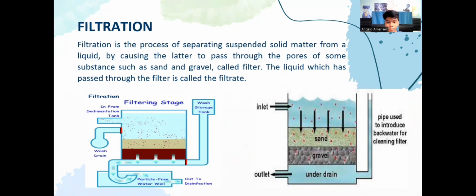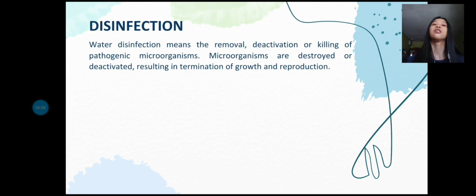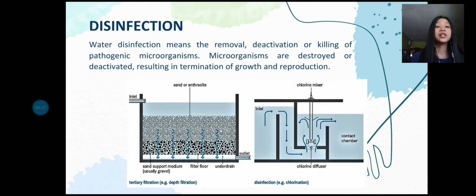Thank you. I am Sofia K. Jimenez, the last reporter, and now I will tackle disinfection. What is disinfection? Water disinfection means the removal, deactivating, or killing of pathogenic microorganisms. Microorganisms are destroyed or deactivated, resulting in termination of growth and reproduction.